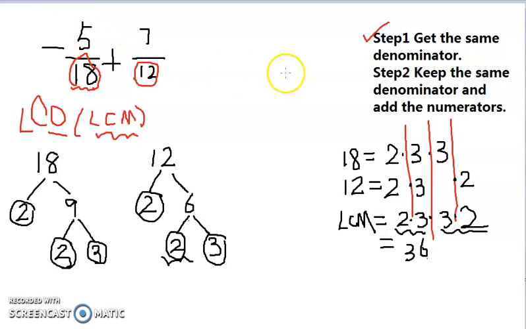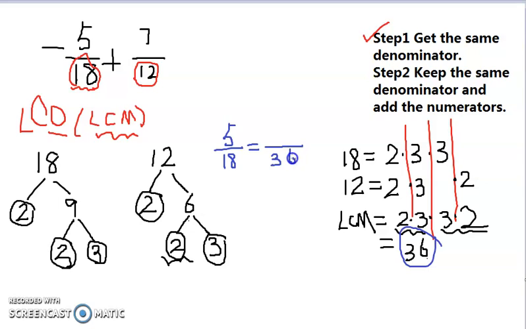Now we can go back to the problem. We actually have not finished the first step. We only found the least common denominator, 36, which is what we're going to use. So we will take the first fraction, 5 over 18. This is the first fraction in the problem. What we're going to do is change the denominator 18 to the LCD 36.